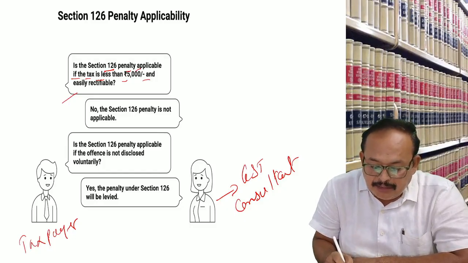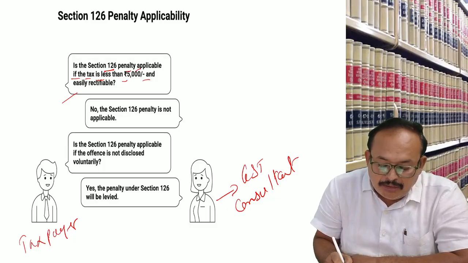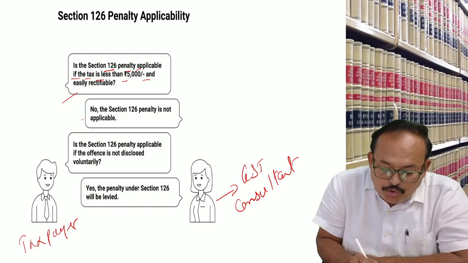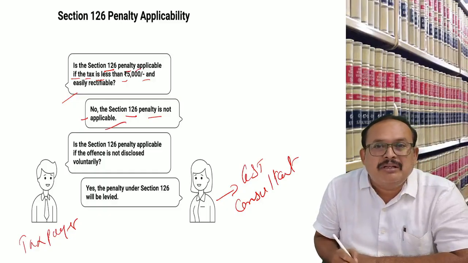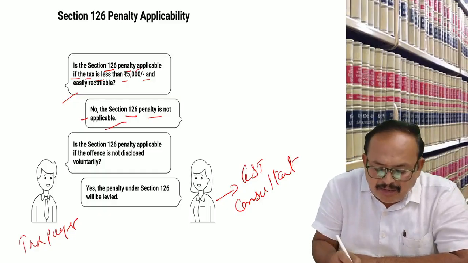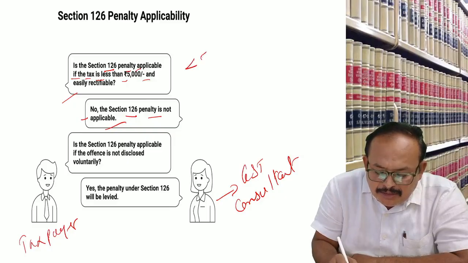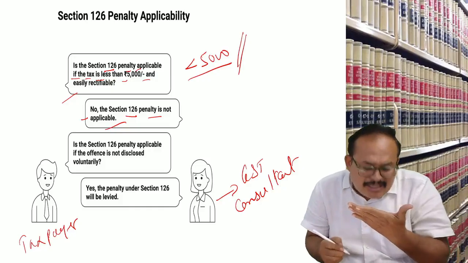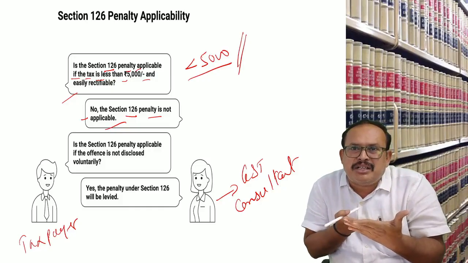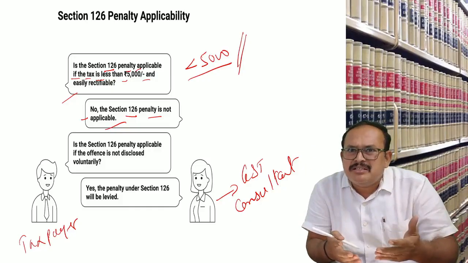Here, the officer says, no, the section 126 penalty is not applicable. Why? The offense is less than rupees 5,000, or by seeing the record one can easily rectify the mistake, which is not an offense.